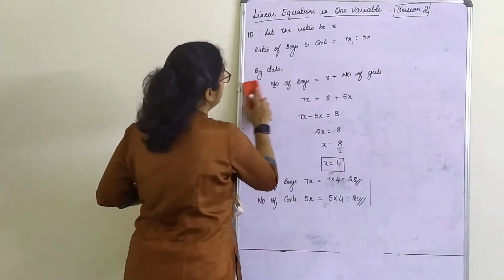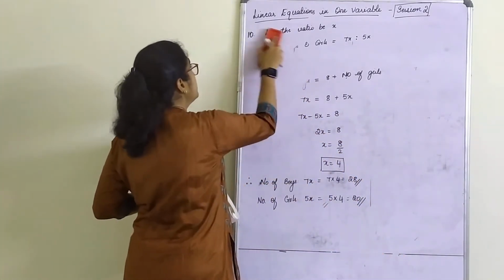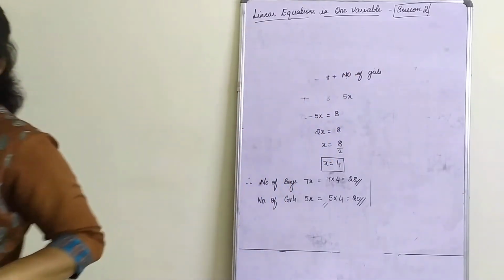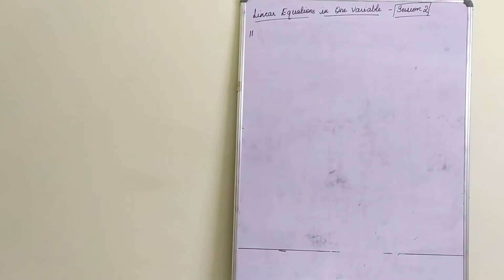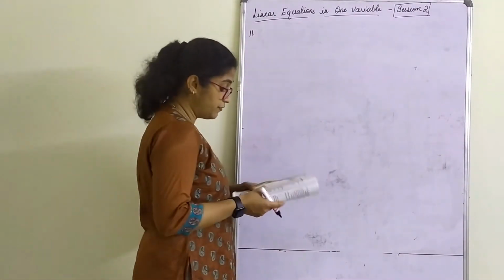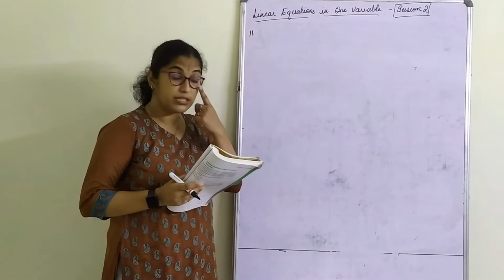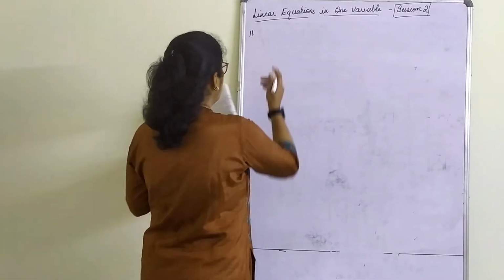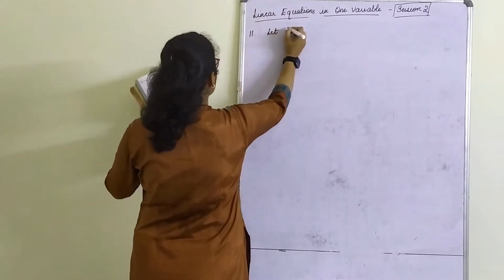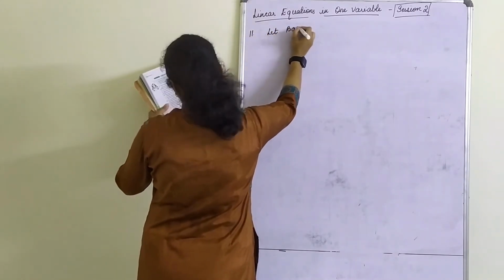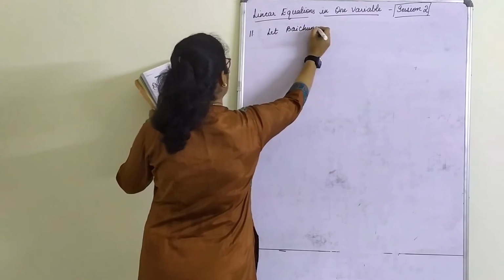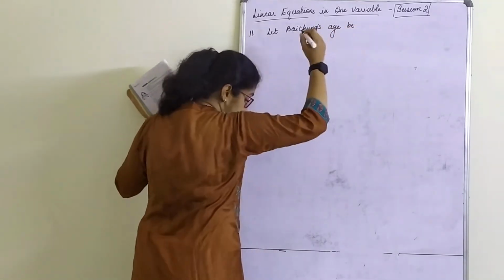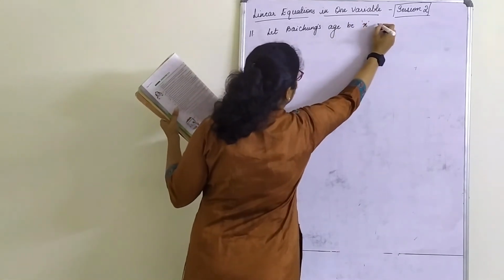So for this, first of all, let us understand what is Baichung's age. So first of all, we need to know what is Baichung's age here to understand his father's as well as grandfather's age. So we'll write, let Baichung's age be x years.